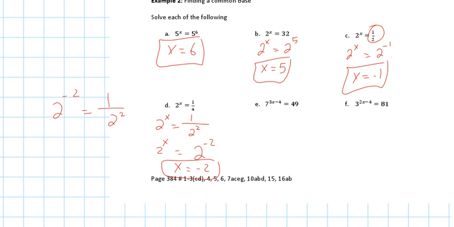7 to the power of 3x minus 4 equals 49. What do you want to write 49 as a base of? 7. 7 to the power of what gives me 49? 2, because 7 times 7.